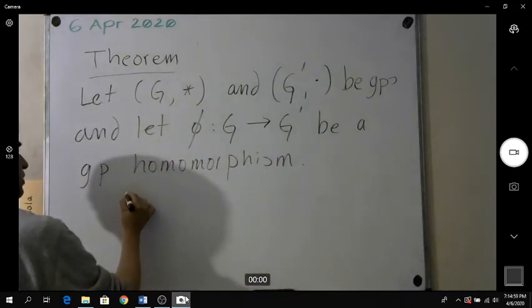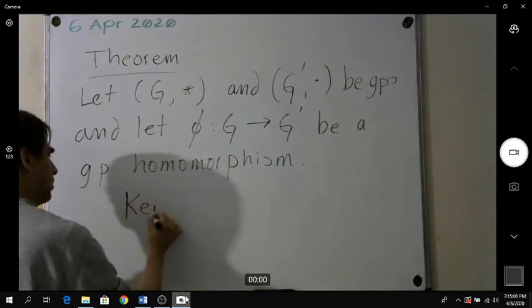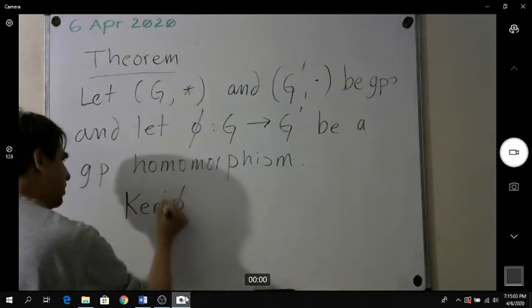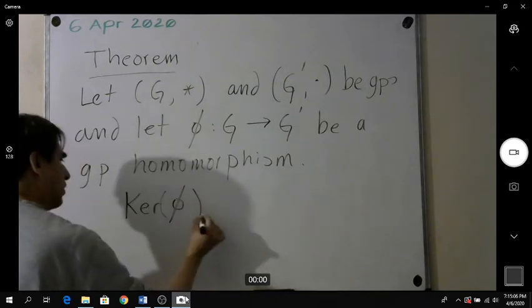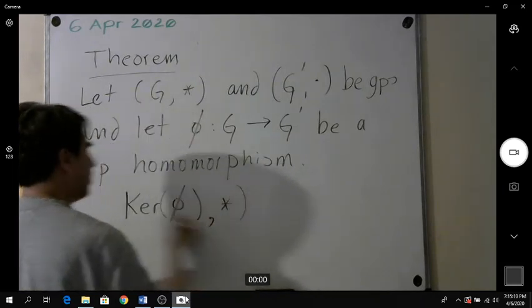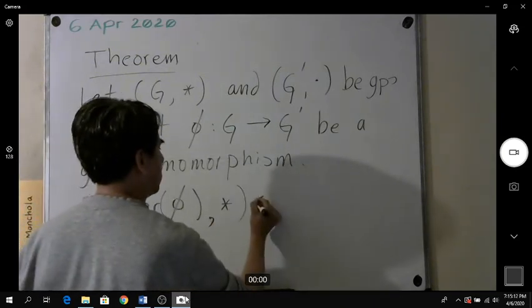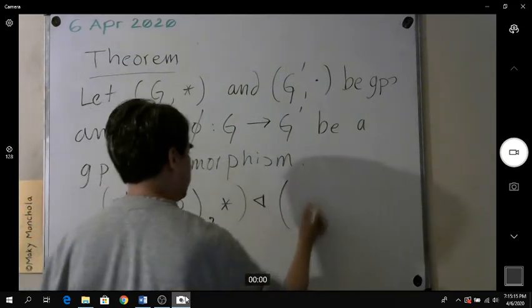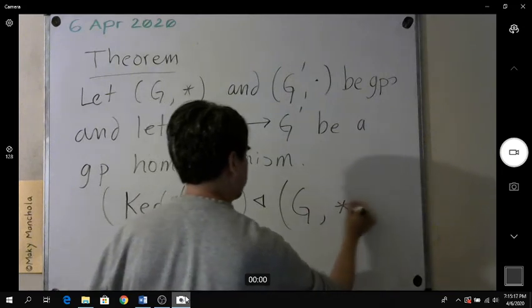The kernel of phi, under the operation of G star, is a normal subgroup of G star.